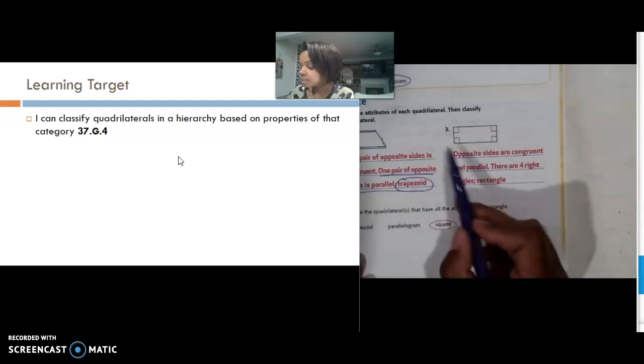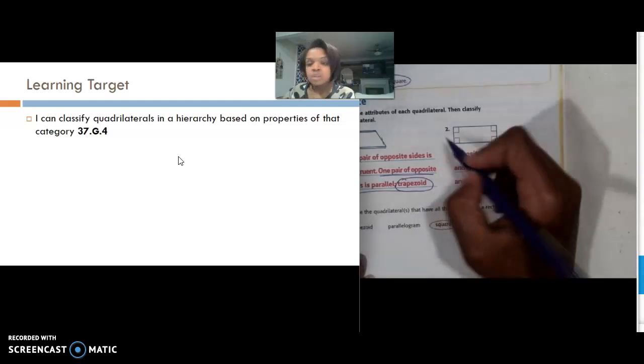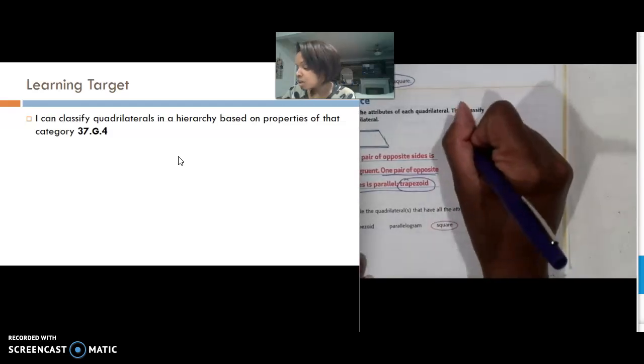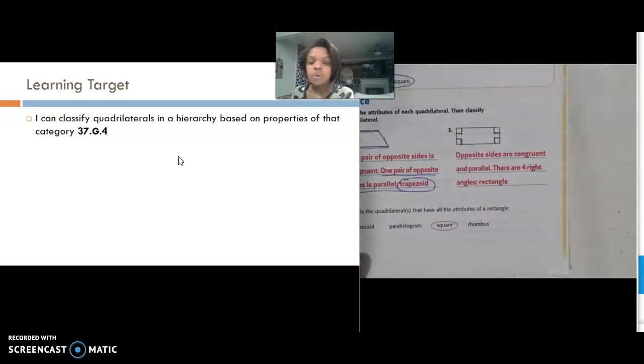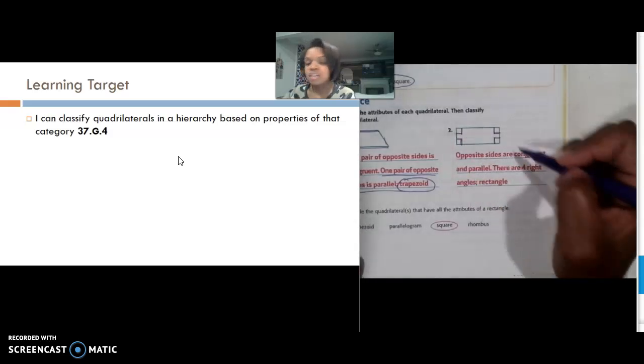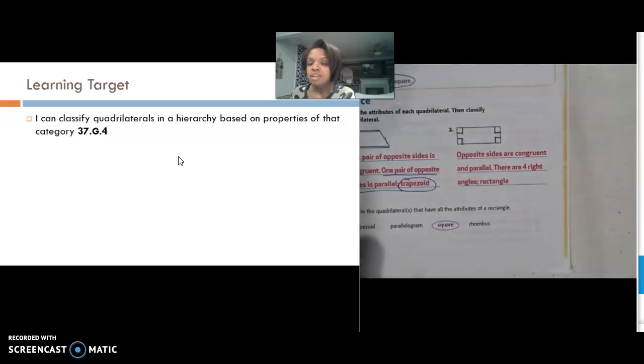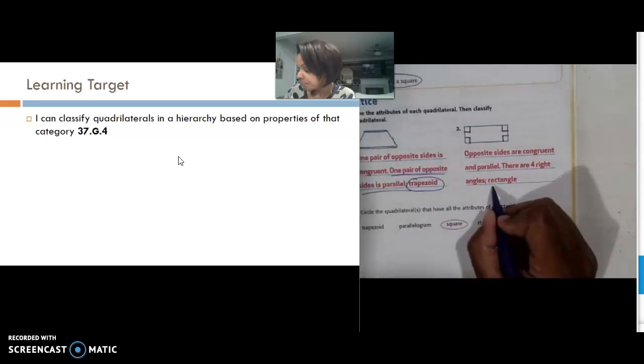All right, let's look at the next one, number 2. You notice that this shape has 4 right angles, okay? It is also a quadrilateral. It's a parallelogram because it has 2 sets of parallel sides. So the only parallelogram that does not have 4 equal sides but has 4 right angles is a rectangle.